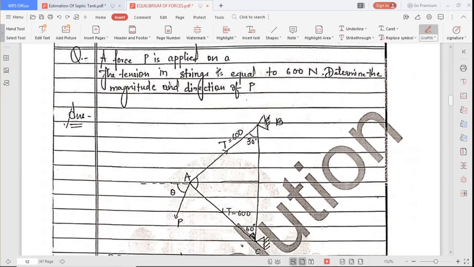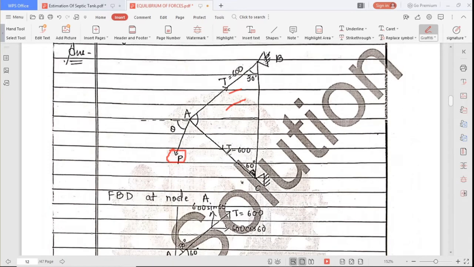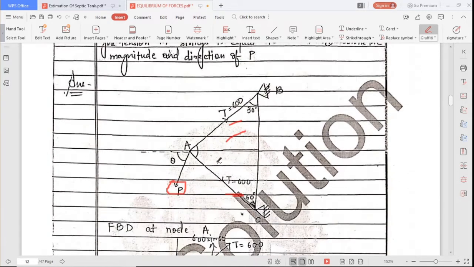A force P is applied and the tension in the string is equal to 600 Newton. Determine the magnitude and direction of P. We have to determine the magnitude and direction of P, whereas we have been given T is equal to 600 Newton. So here also T is equal to 600 Newton. So what we have to do?